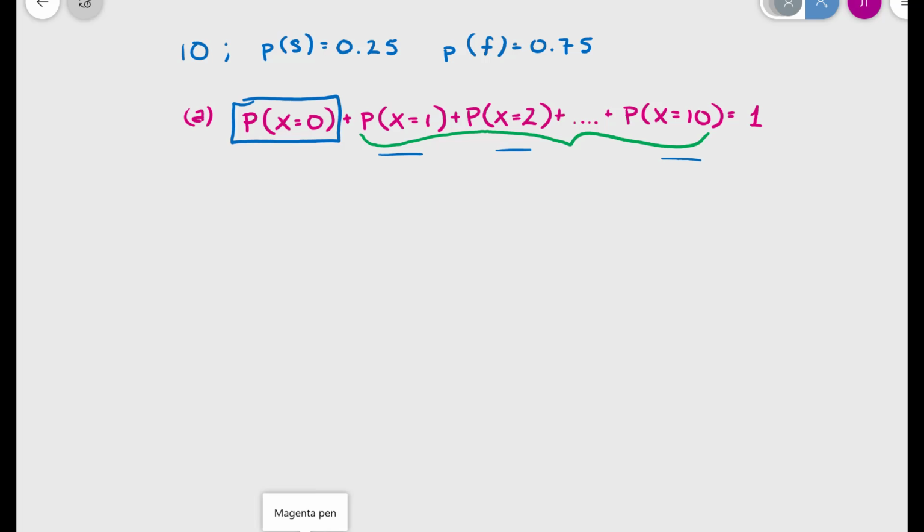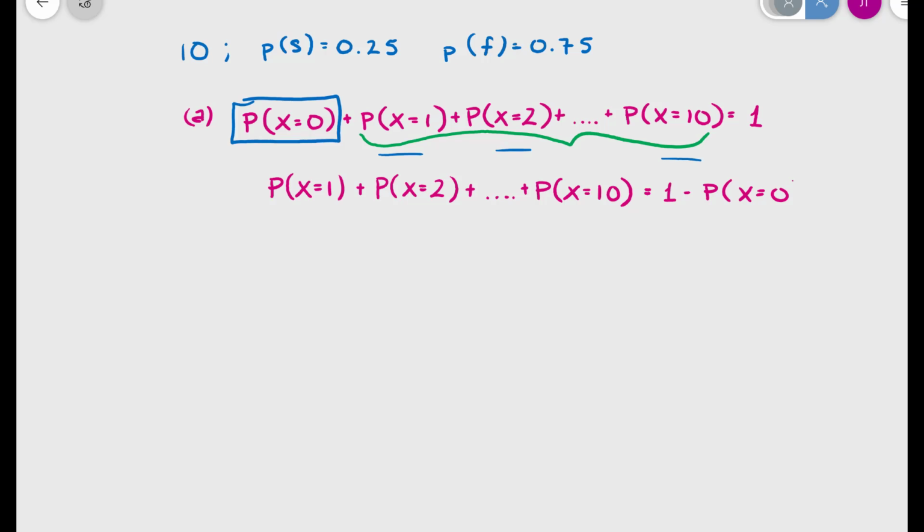What I can do with this equation is subtract the probability that x equals 0 from both sides. What that leaves me with is the probability that x equals 1 plus the probability that x equals 2 all the way out to the probability that x equals 10 is equal to 1 minus the probability that x equals 0.